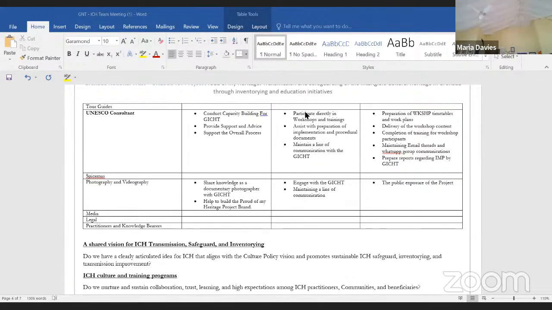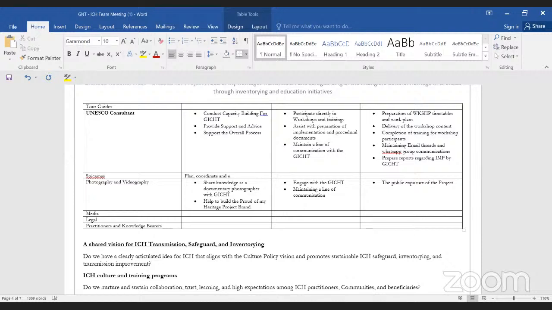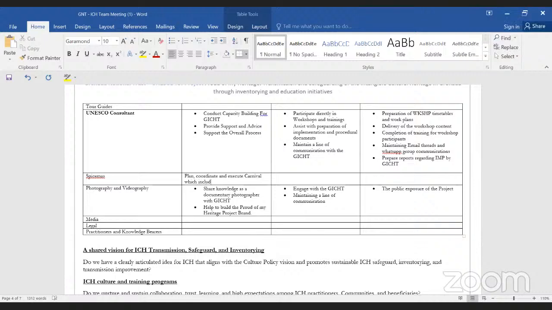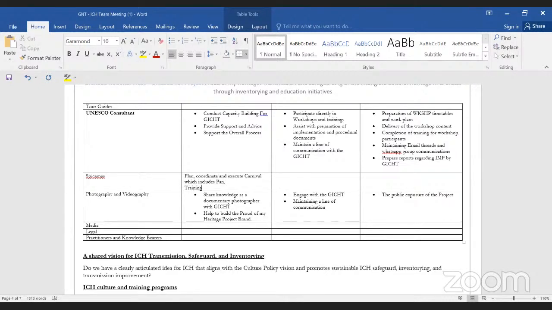So we are involved in the planning, coordination, and execution of Grenada's Carnival, which is branded as Spice Mass. We also provide institutional strengthening for the key stakeholders like Mass, Pan, and Calypso, these three associations. The process, of course, is that we consult with the stakeholders and plan with them, make rules and regulations for the festival, and provide training for judges, artists, and other practitioners involved in executing the carnival.